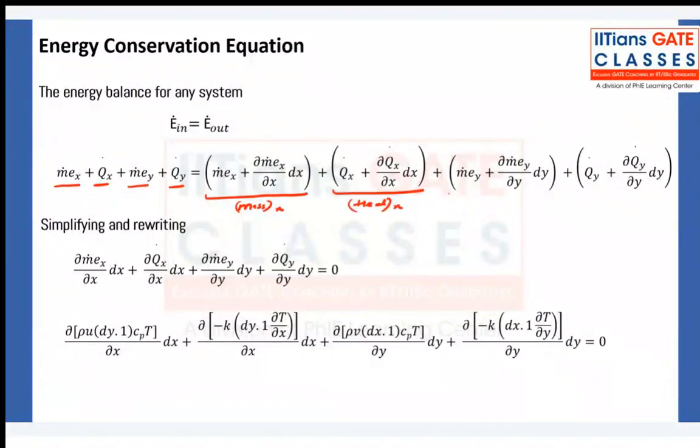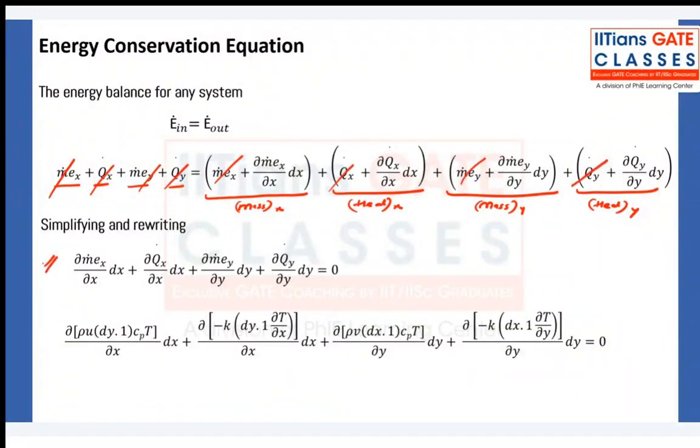This is because of mass in y direction, exit, and this is because of heat in y direction. Now there are again some steps. You can simplify and rewrite this. Of course, you can directly cancel Qx, Qx, Qy, Qy. Other simplifications will be needed, and you can write this equation.